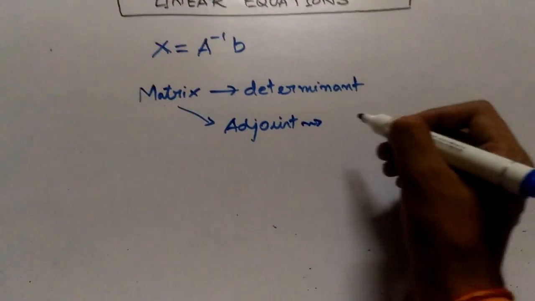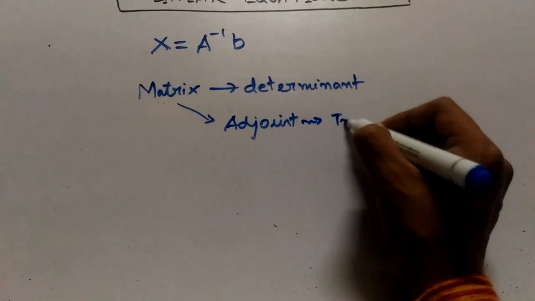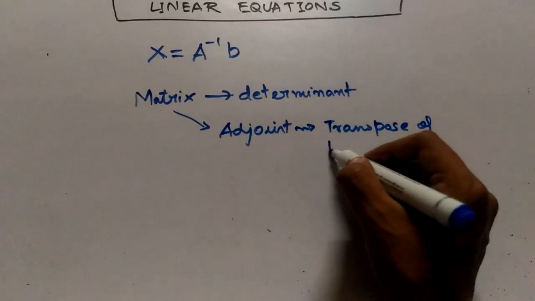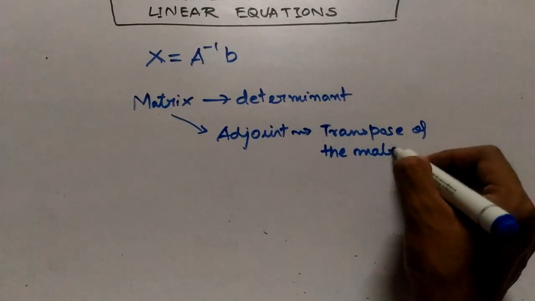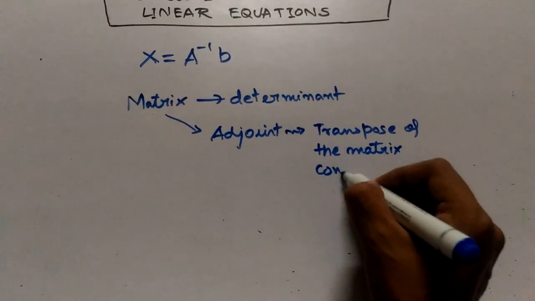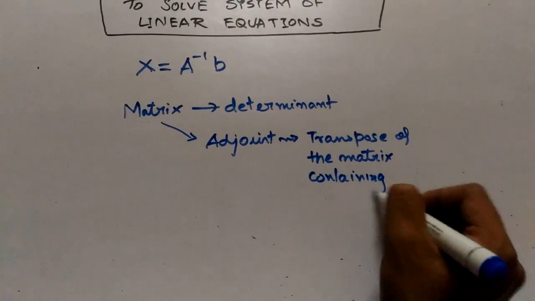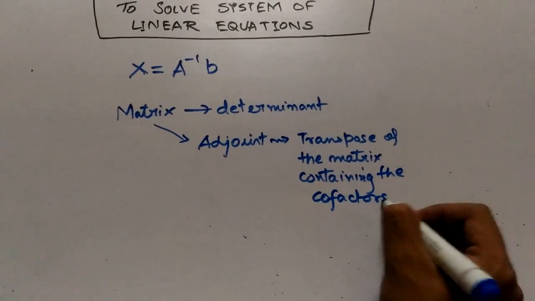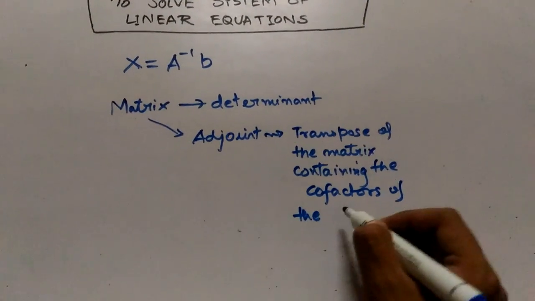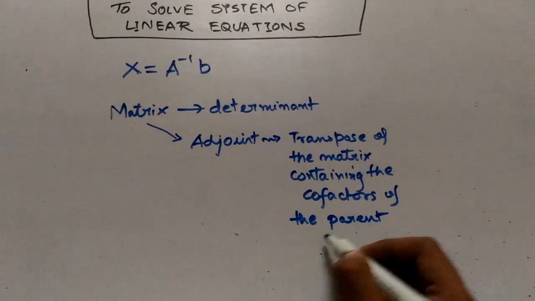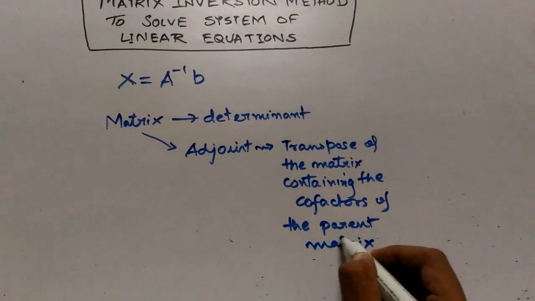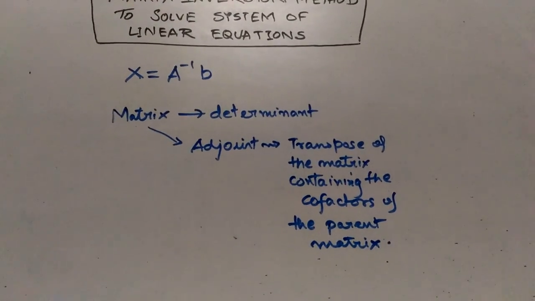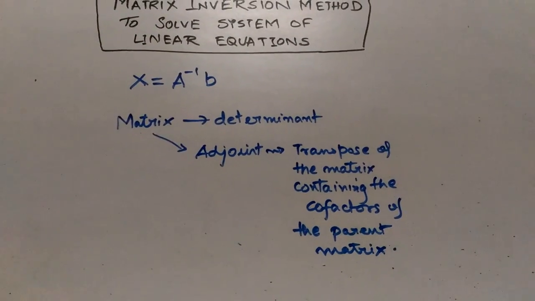Adjoint is nothing but the transpose of the matrix containing the cofactors of the parent matrix.